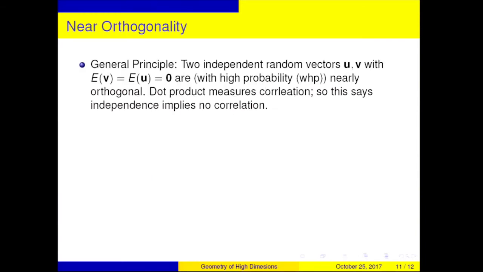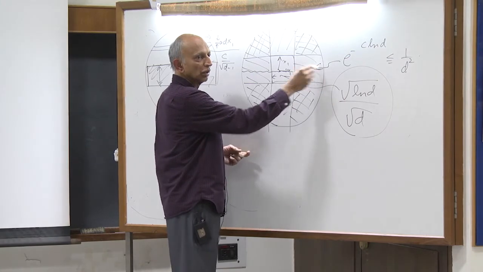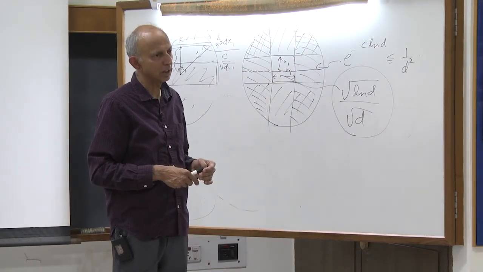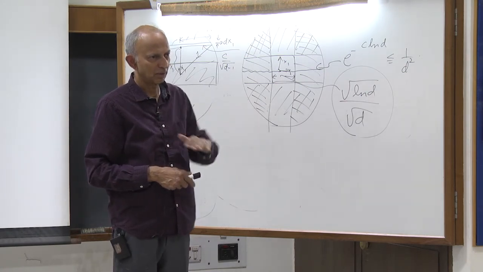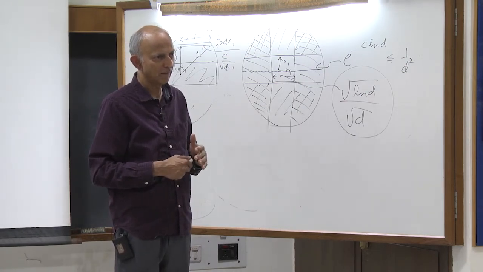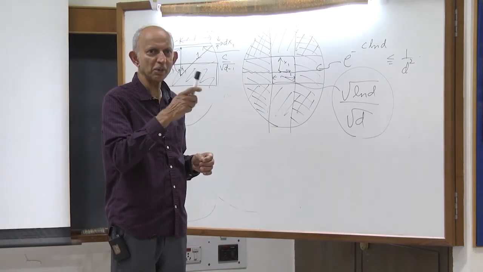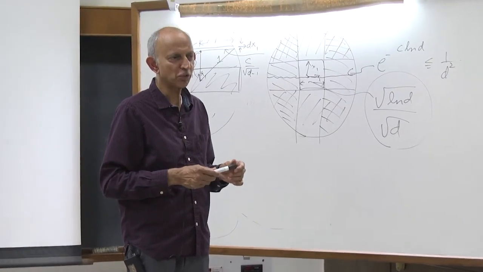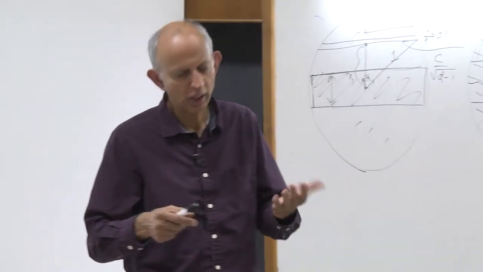Yeah, the bulk of the volume is near the d minus 1 dimensional surface, which is the equatorial plane. So maybe we should revisit that symmetry question, which I meant to, which is, remember we had this puzzle last time.